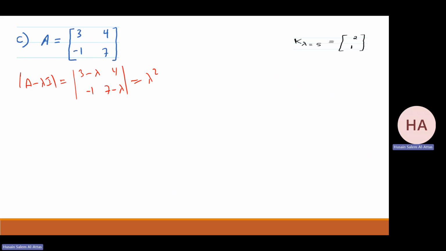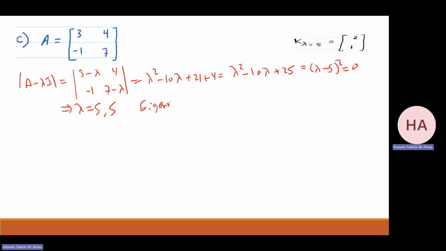So I have lambda square minus 11 lambda, minus 10 lambda, plus 21, plus 4. So it's lambda square minus 10 lambda plus 25, which is lambda minus 5 square. So lambda is 5 and 5. These are the eigenvalues, which is 5 of multiplicity 2.